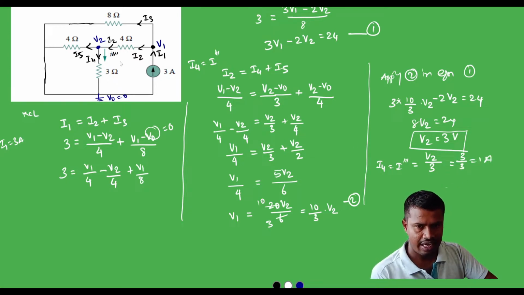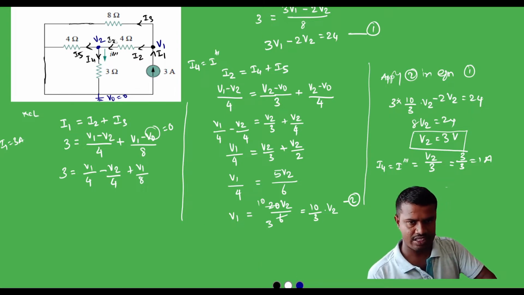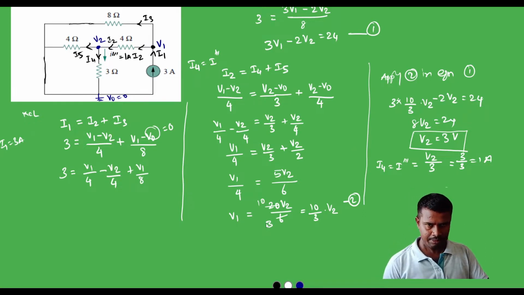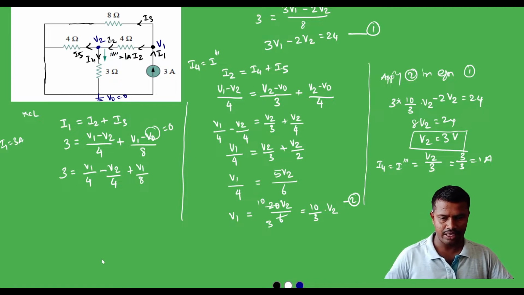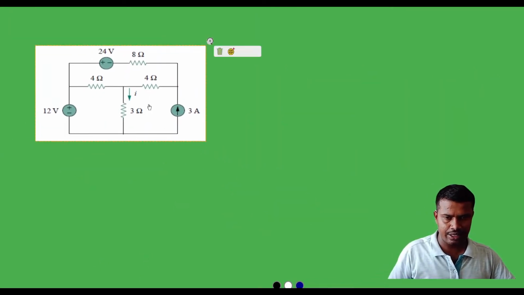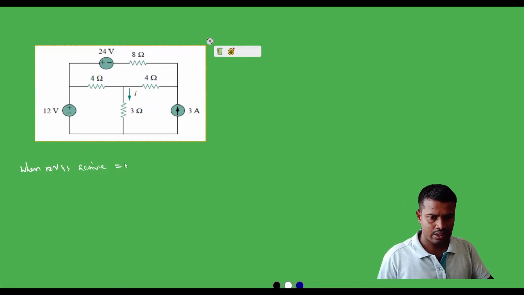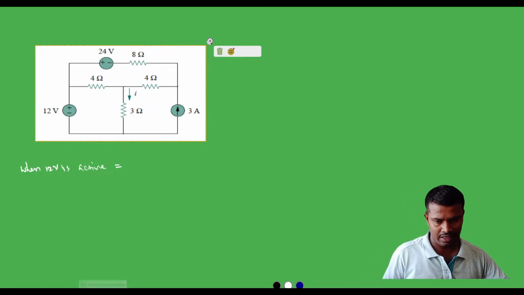Now I triple prime, when the current source is active, will be 1 amp. Next step, we will do the algebraic sum. In this circuit, when 12 volt is active, the current is 2 amps. Let us recheck once.